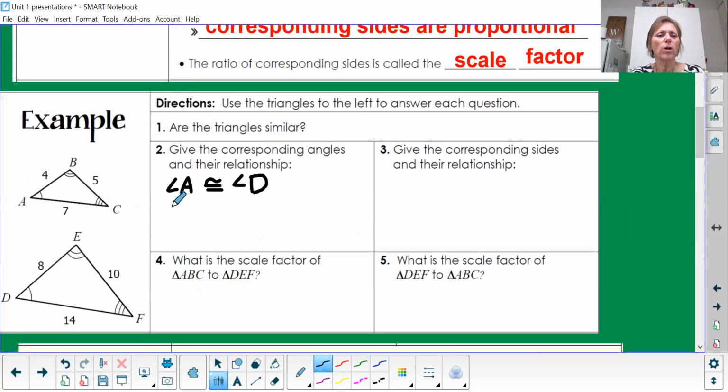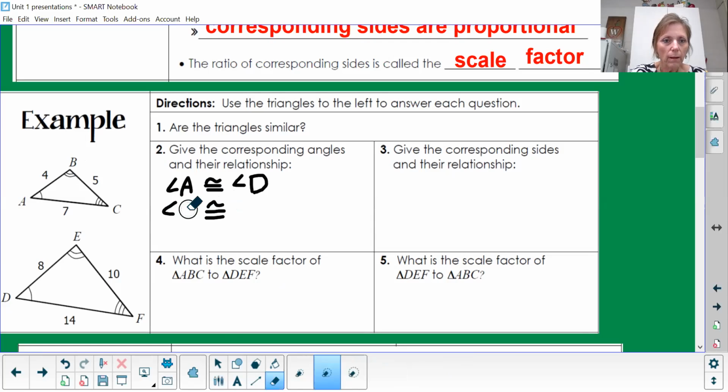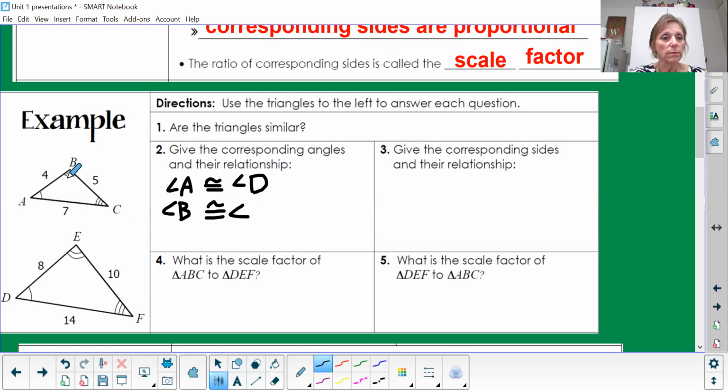So hopefully you've thought about angle A is one of these angles, angle B is another. And what does it correspond to? Okay, you just got to go with it. If I erase everything I do wrong, let me see. Okay, angle B. What does it correspond to? Well, look at the position. You see it has a double angle measure here.